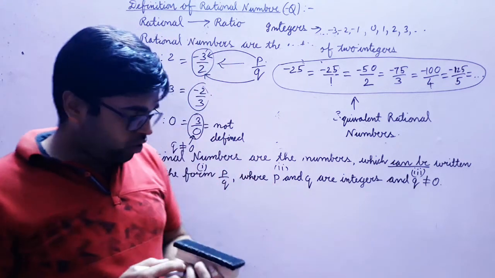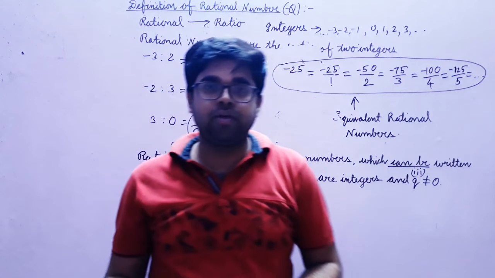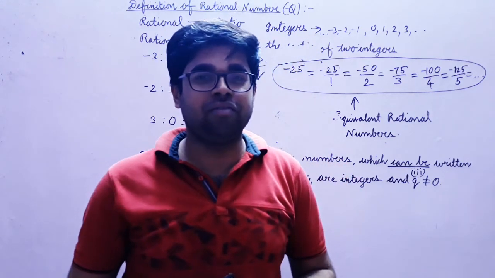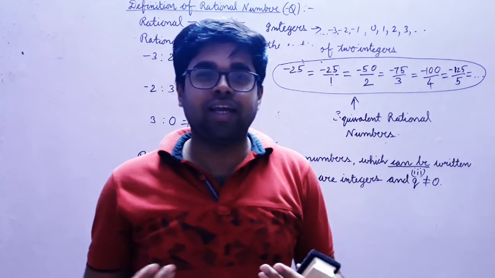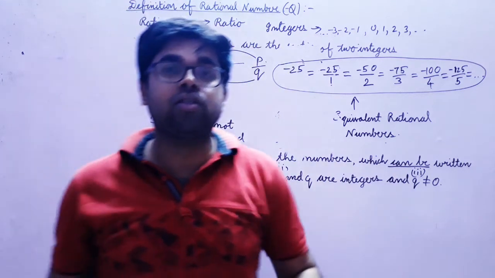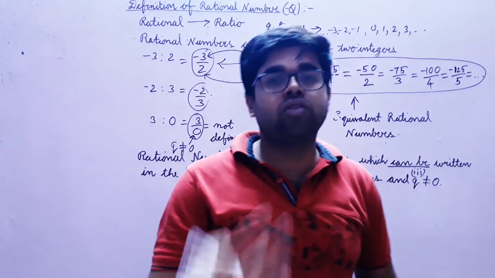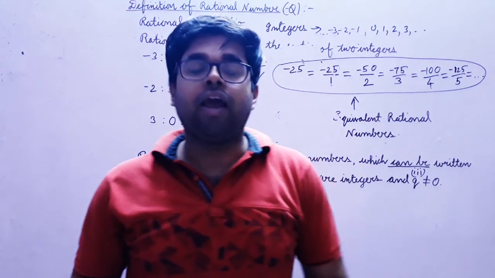In our next video we'll study equivalent rational numbers and the simplest form of an equivalent rational number. So again, this was Vivek Saini, and you were studying the definition of rational numbers under the first chapter, Number System, of 9th class mathematics. You're watching Vgyans, and thank you very much.